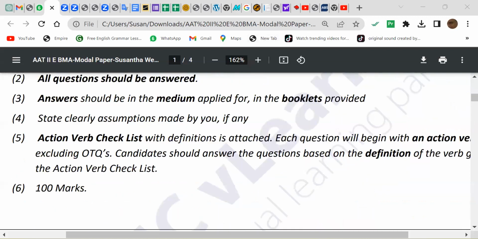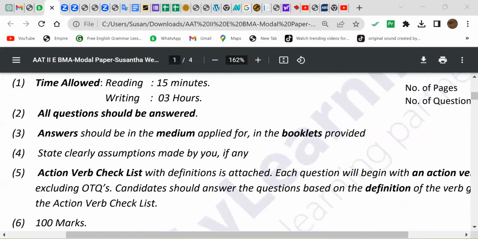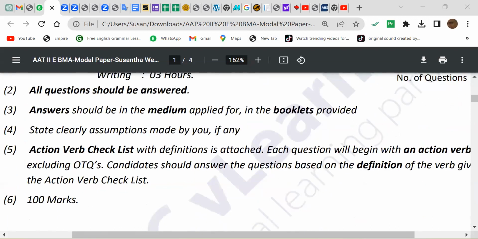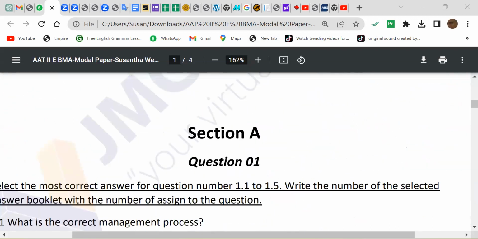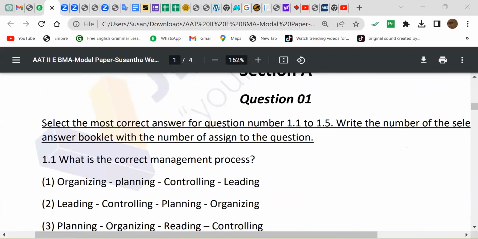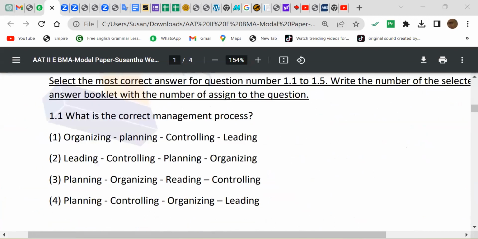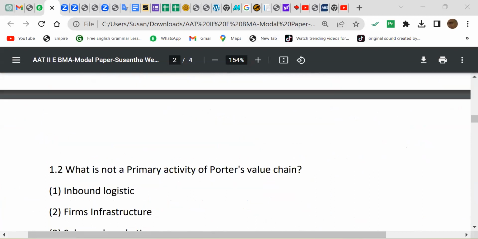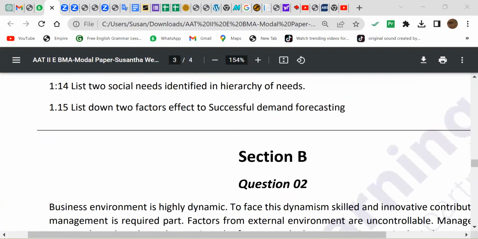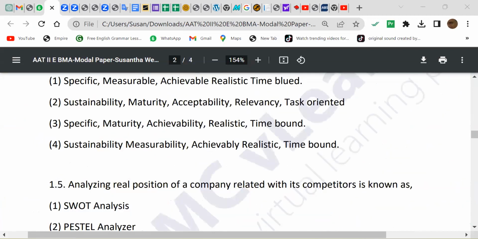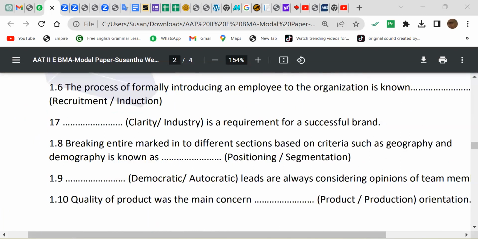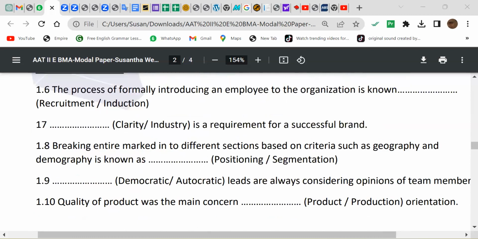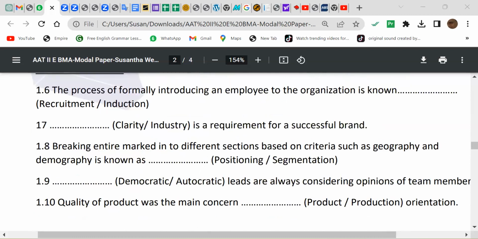And altogether, this is the structure of the paper, right? All questions are to be answered. Section A is what we know as OTQ. First, let me introduce this: there are 5 MCQ questions, and you have to fill blanks with a given term.